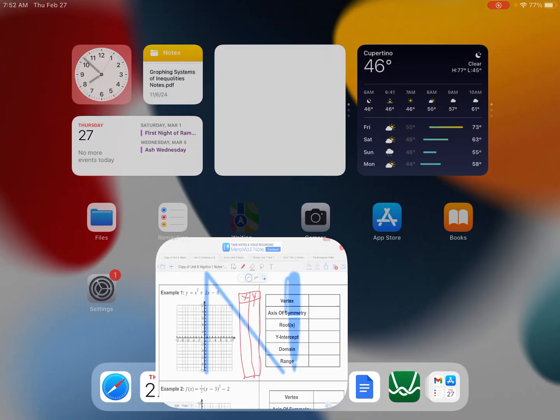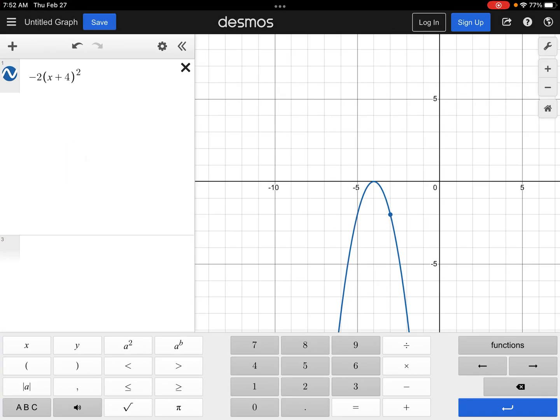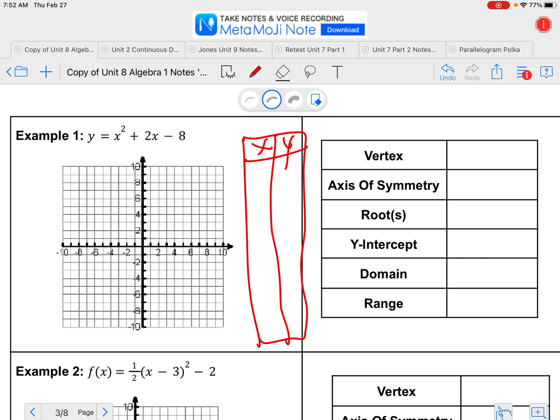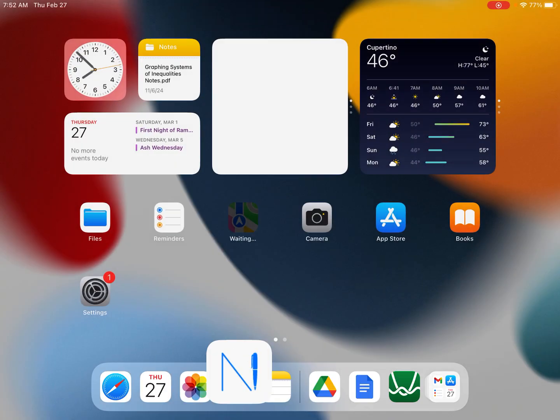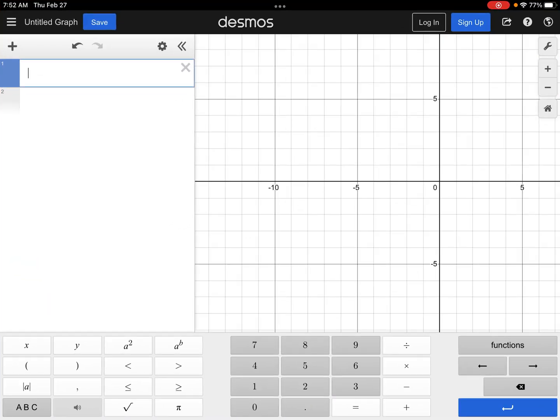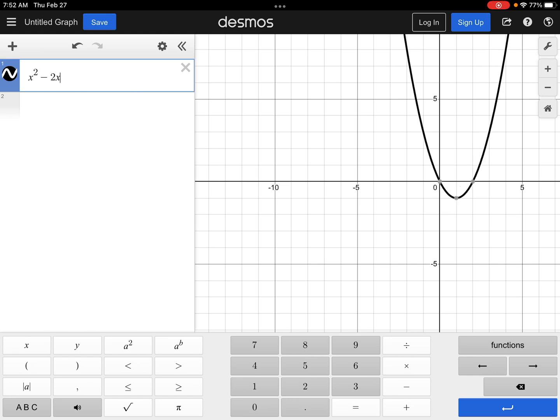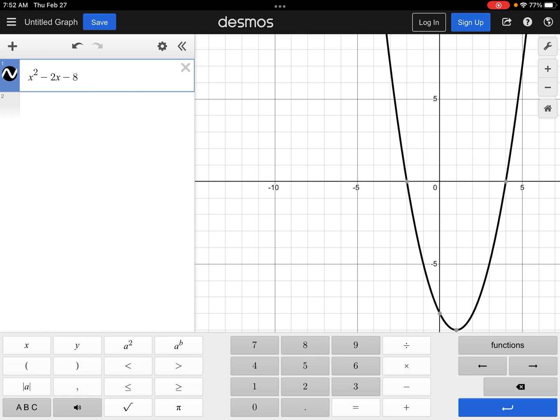If you will go to Desmos and put in x squared minus 2x minus 8, then it will graph it for you.